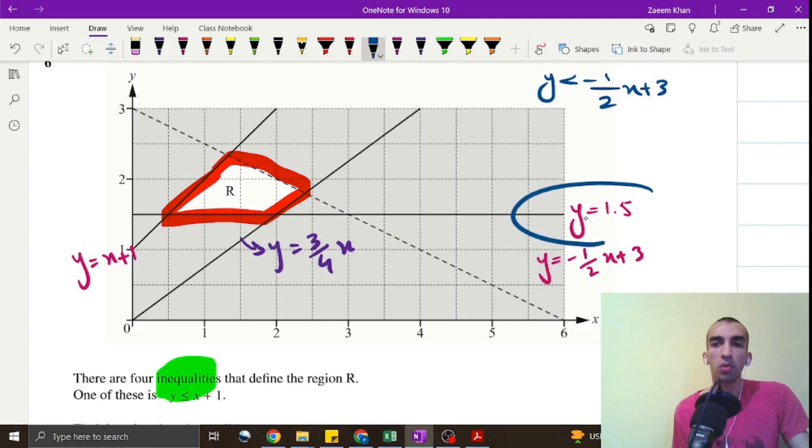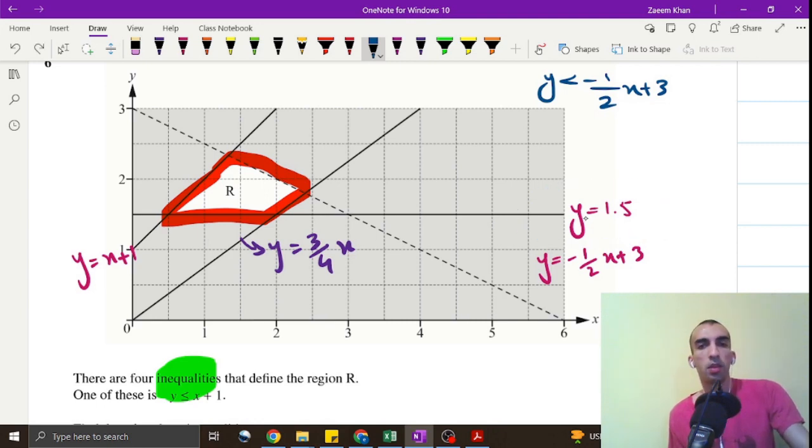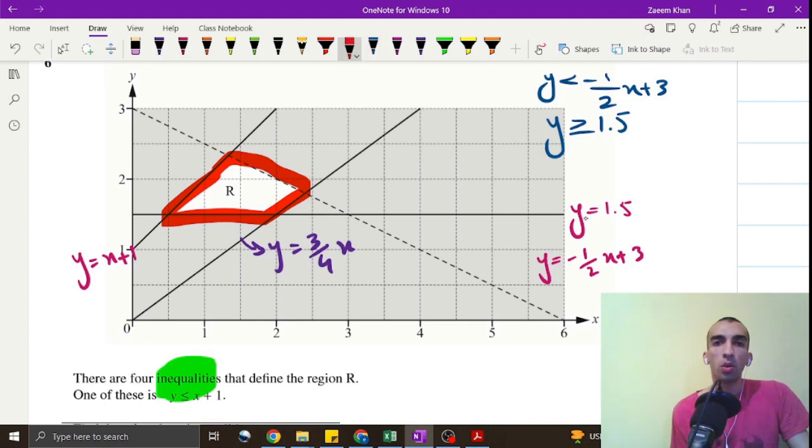Can you give me an inequality for this? Are we supposed to stay above this line to enter the shaded region R, or stay below? Above. y is greater than or equal to 1.5. Now why did I not choose an is equals to sign over here?